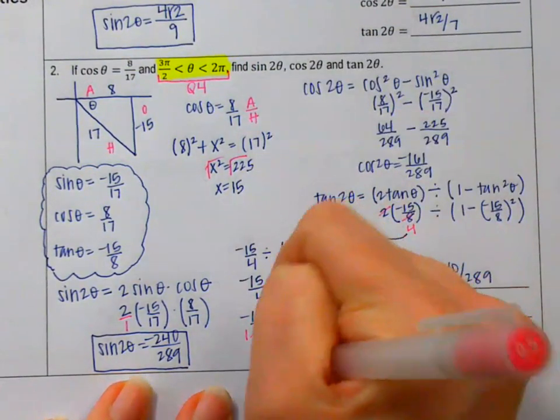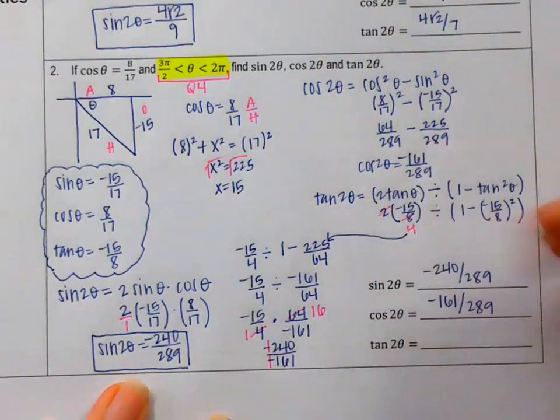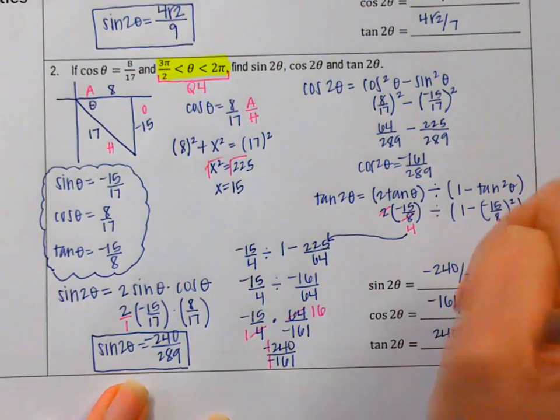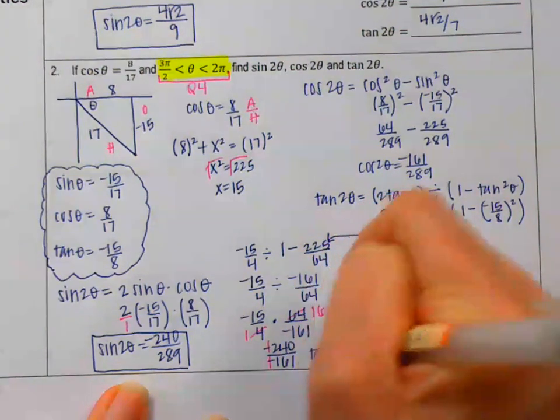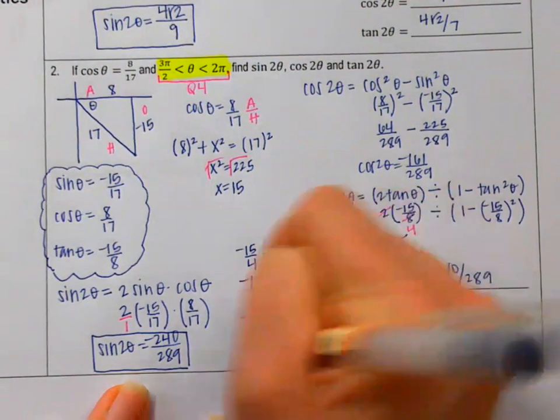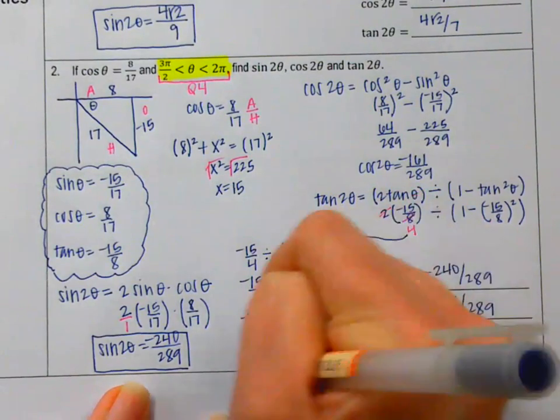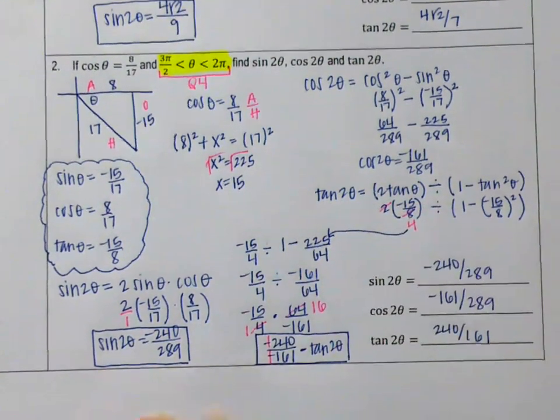Those would both become positive. So my answer is 240 over 161. So of course, tangent is still a pain, but your calculator hopefully makes it a little bit easier. And that's that.